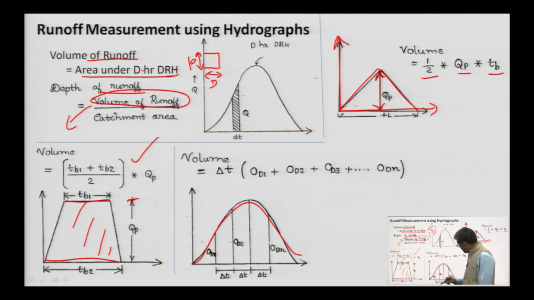Similarly, if we have this type of graph, then what we will do? We will divide this graph into different ordinates at some time interval, and those ordinates will be used to calculate the area.